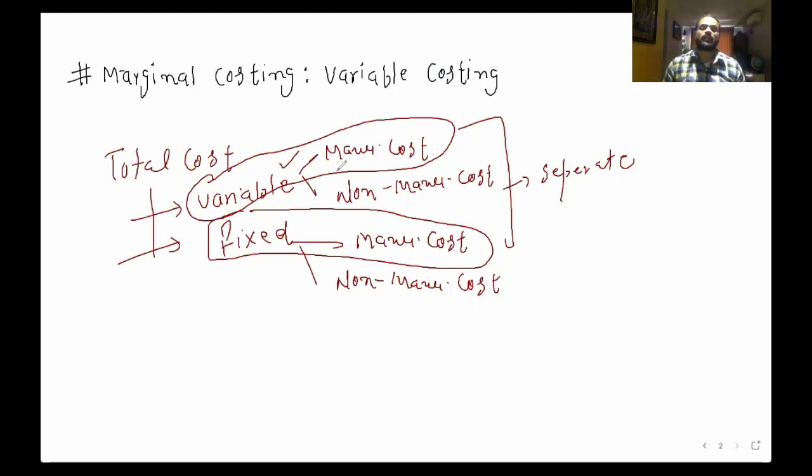All right, so these are the example of fixed non-manufacturing cost. All right, so that's why variable costing is the another name of marginal costing. All right, so now let's have a look at the structure of marginal costing, and then we will see how can we calculate profit under marginal costing, right?